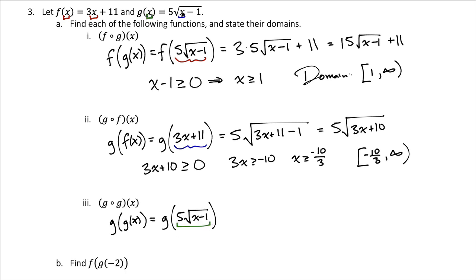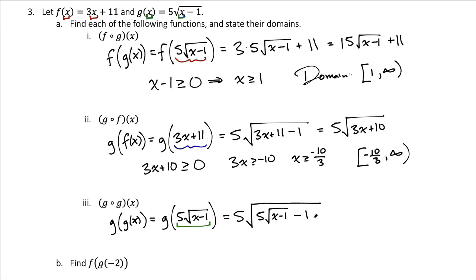So in this spot again for x. So we get 5 times the square root of, and now that input x is this whole thing, 5 root x minus 1. And then we have another minus 1. All right. So this is our function, and there's not really anything we can do to simplify this.